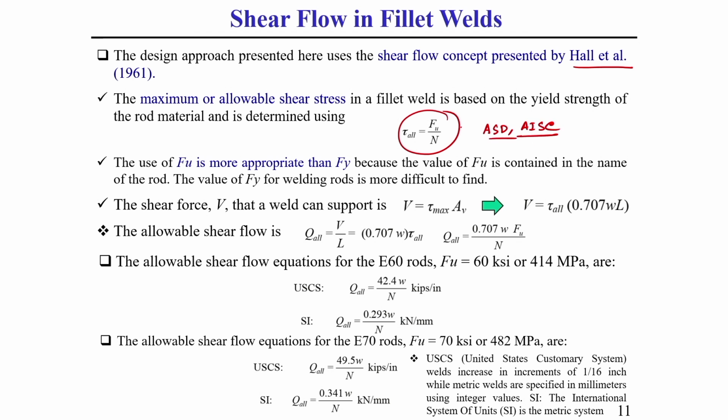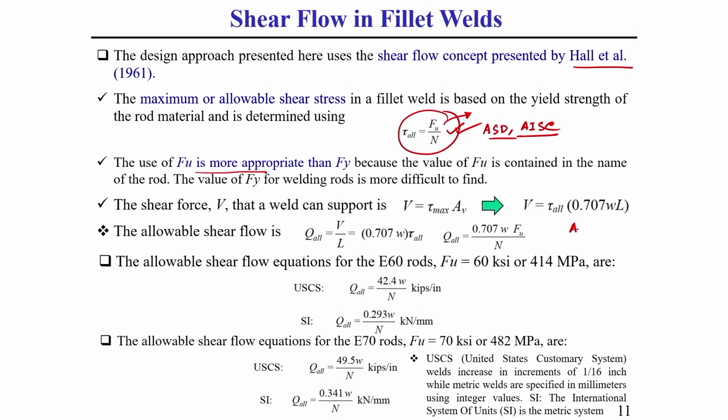According to the ASD AISC standard, Fu is the electrode minimum tensile strength; you should keep this in mind. Fu is more appropriate here, that is why I have written it. Now, how to calculate the allowable shear flow? I have written it here as Q allowable.